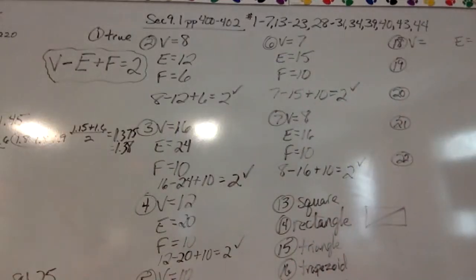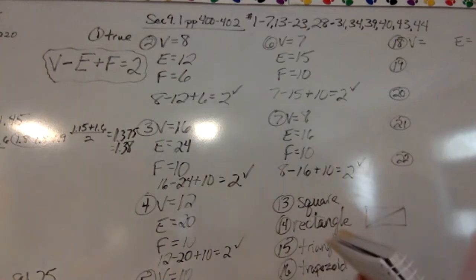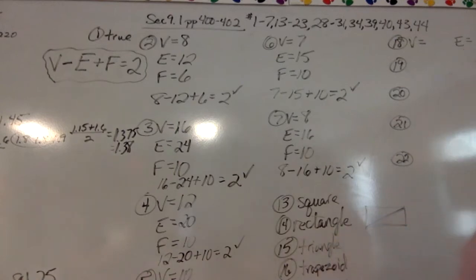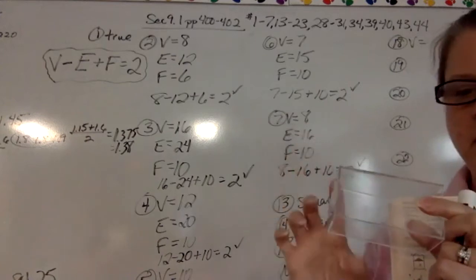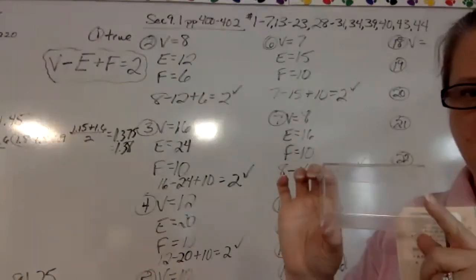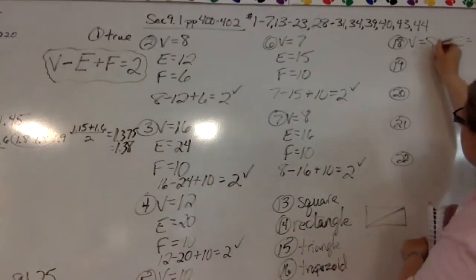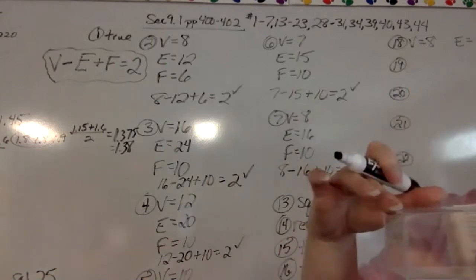On number 18, it says state the number of vertices, edges, and faces of the box. So remember, your vertices are your corners. How many corners does this have? 1, 2, 3, 4, 5, 6, 7, 8. There are 8 vertices. Edges are the lines.